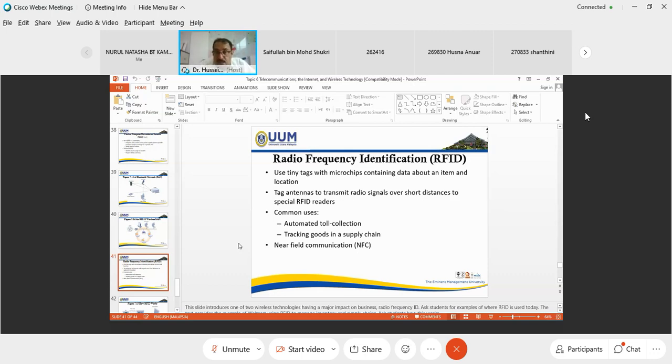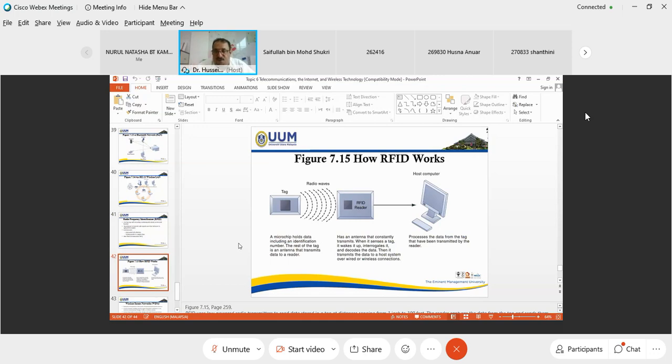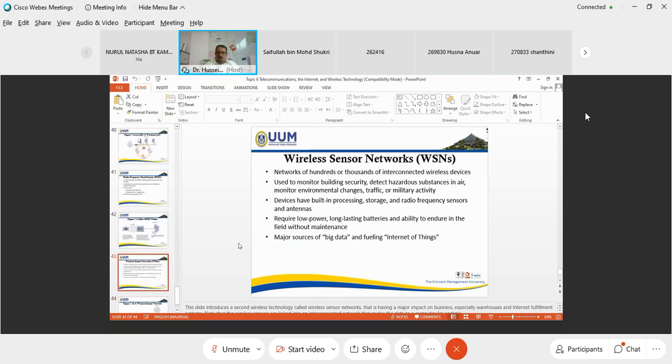Other than that, radio frequency identification is used to track goods in a supply chain. This is the form of how RFID works: tag, radio frequency, host computers.